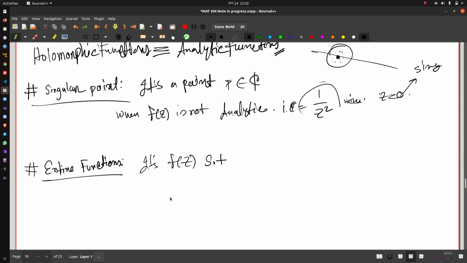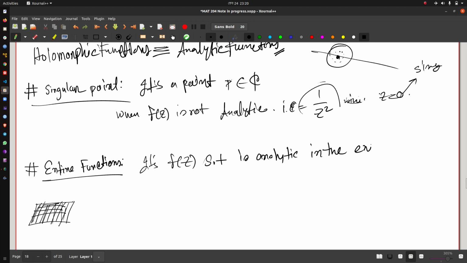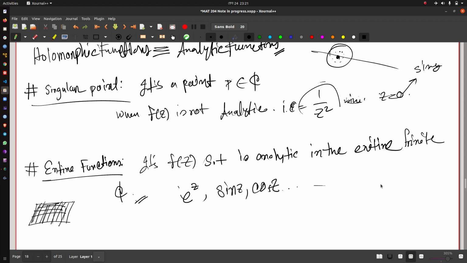That means you take your finite complex plane, the entire complex plane, and it is a function that is analytic in the entire finite complex plane. Examples would be e to the power z, sine of z, cosine of z, and so on.